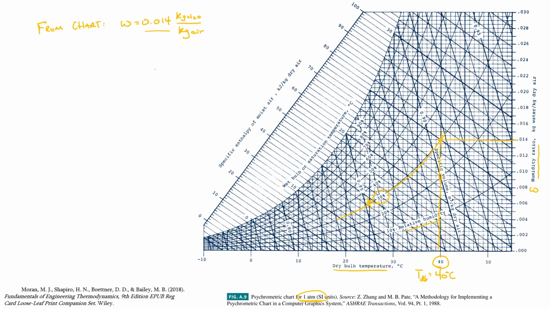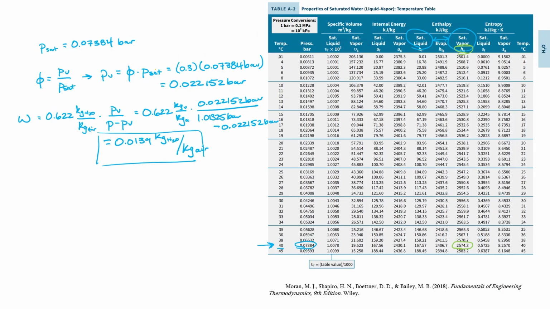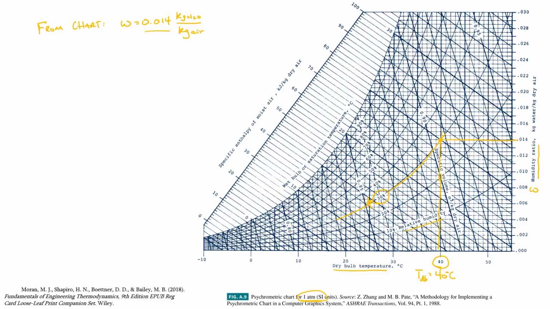So that 0.014, if I go back a couple pages, I had 0.0139. This number is probably a little bit more accurate, but this number took me a whole 20 seconds. So let's stick with that one.